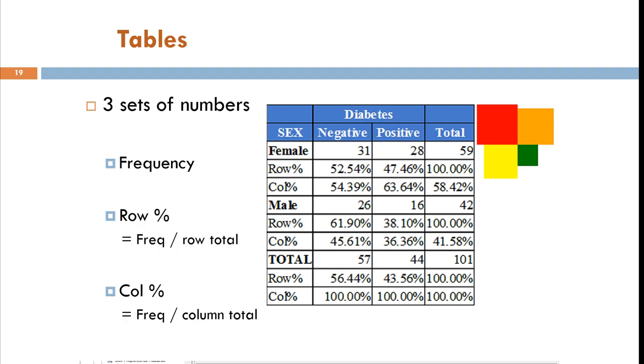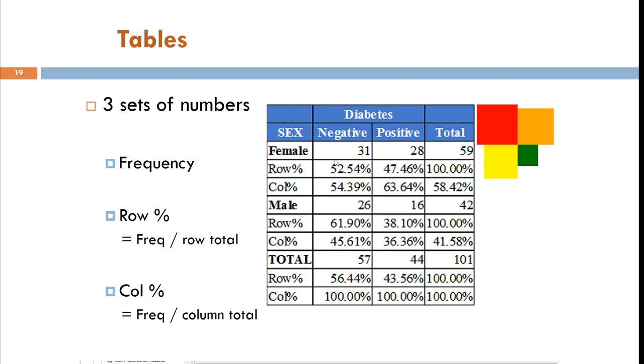The frequency would be the counts for the corresponding cross-categories of the row variable and the column variable. Row percentage would be the current count for that cell over the row total. And the column percentage would be the current count for that cell divided by the column total. So please be familiar with this output.